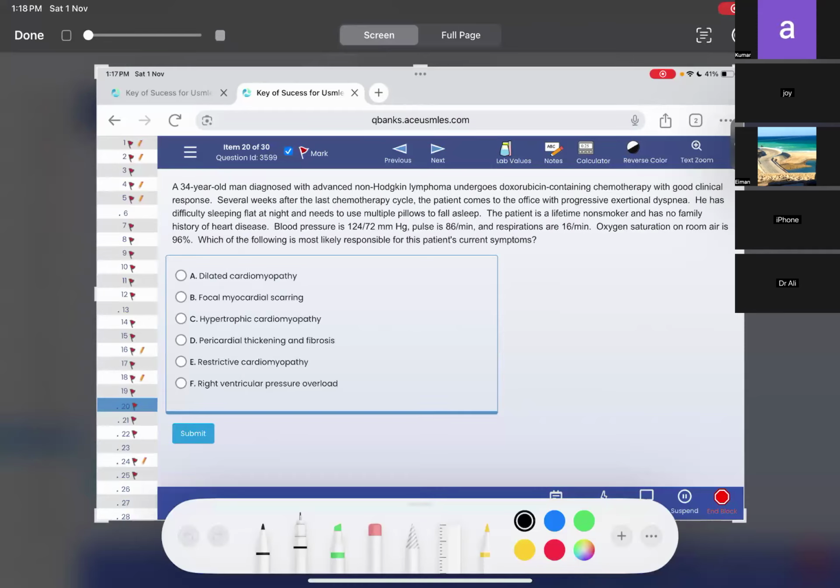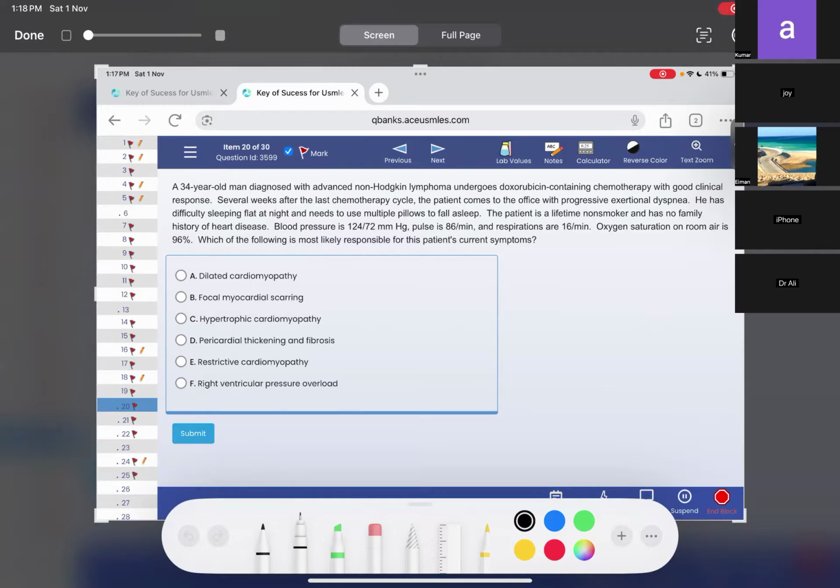The patient is a lifetime non-smoker and has no family history of heart disease. Blood pressure is 124/72, pulse is 86 per minute, and respirations are 16 per minute. Oxygen saturation on room air is 96%.